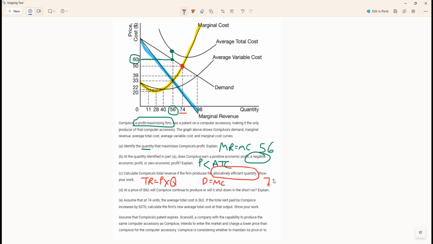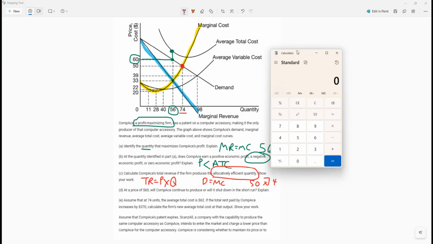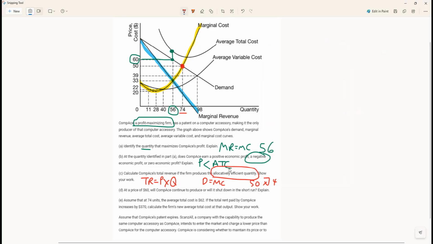Quantity is 74, and then the price there would be 50. So 74 times 50, 3,700 is the answer to the total revenue at that point. Okay, so that would be that. And it's also the area of that square now.